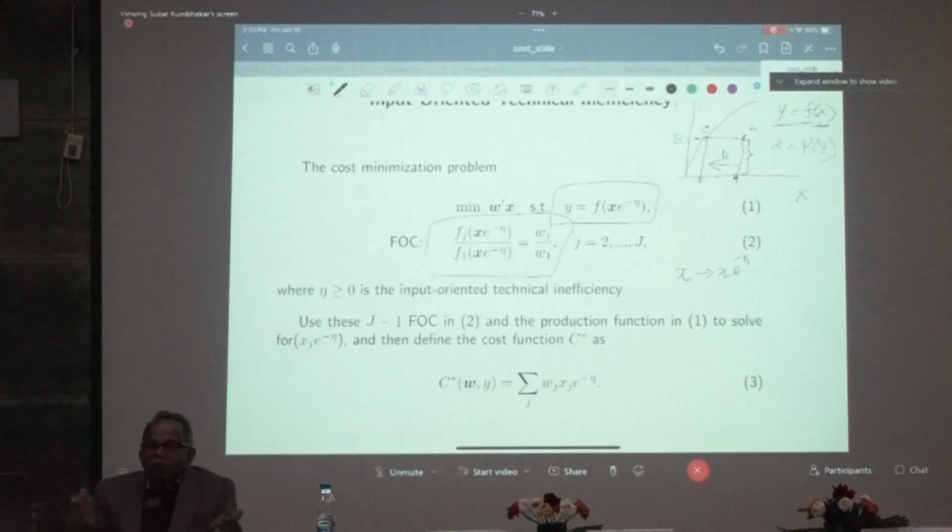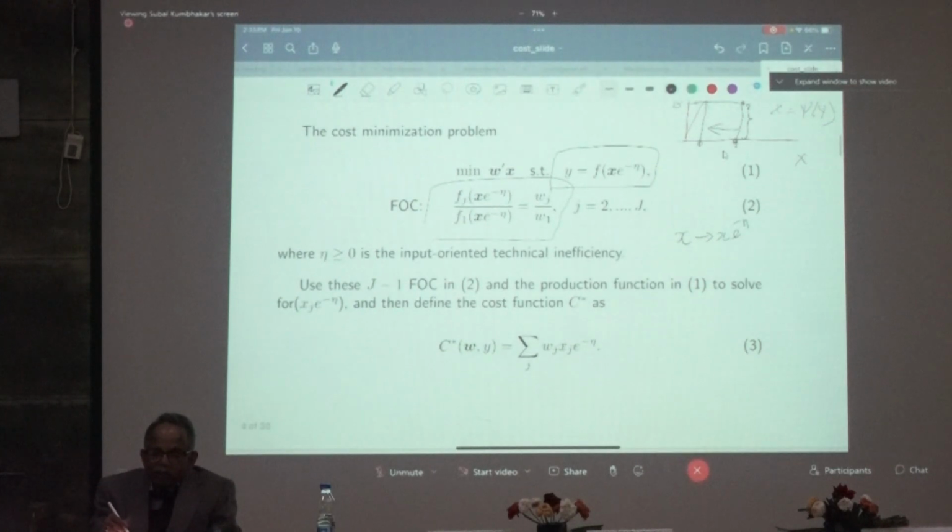You don't have to do any extra math, because you have already done it, and you just replace x by x times e to the power minus eta, and then you get your cost function with inefficiency. So the cost function with inefficiency is going to be defined in this way.